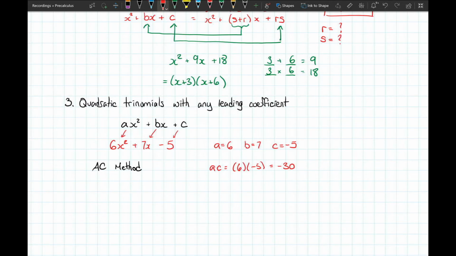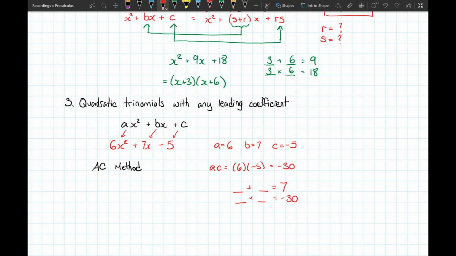Now, much like in our previous strategy, look for two values that when you add them together, you end up with the middle term, which is 7. And this time, when you multiply the two values, you want it to equal AC, which is -30 in this case. And again, it's a little bit of guessing and checking.